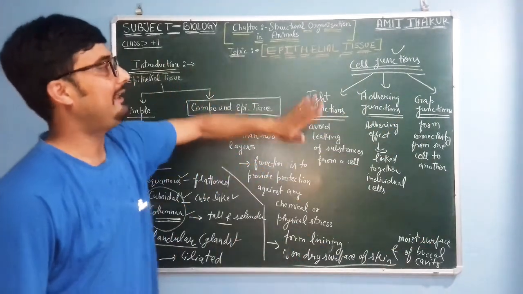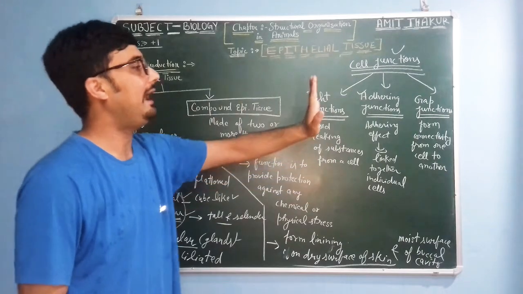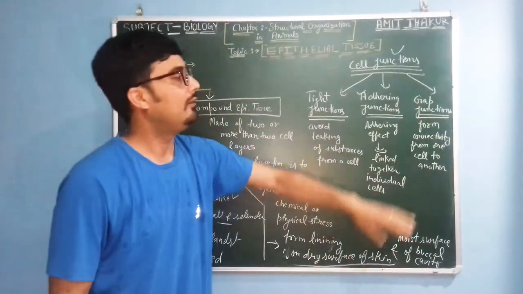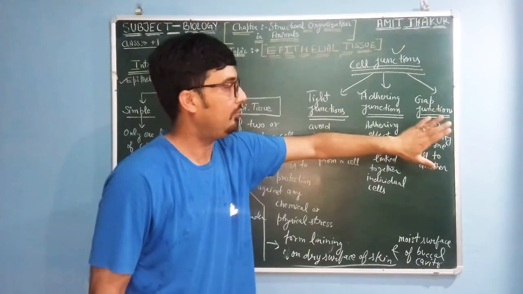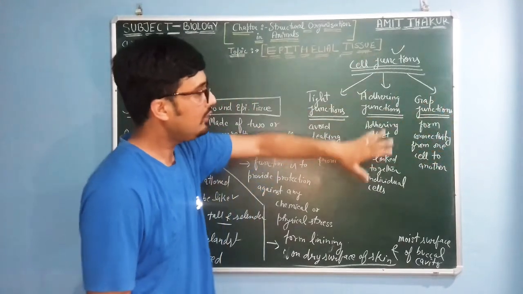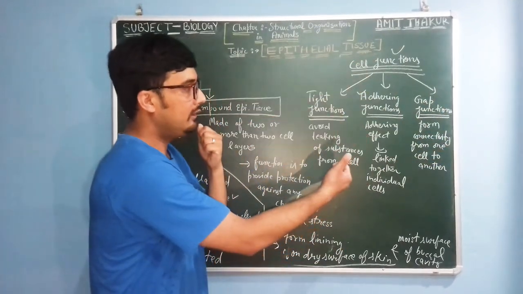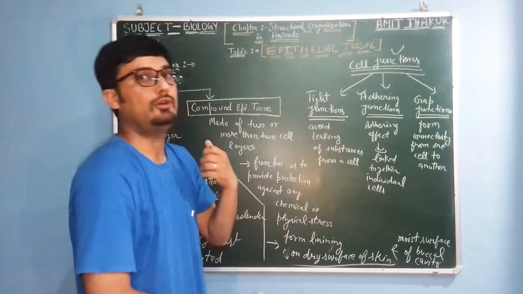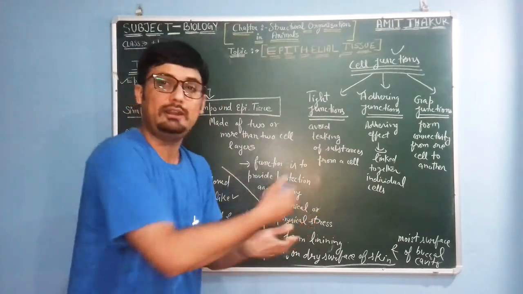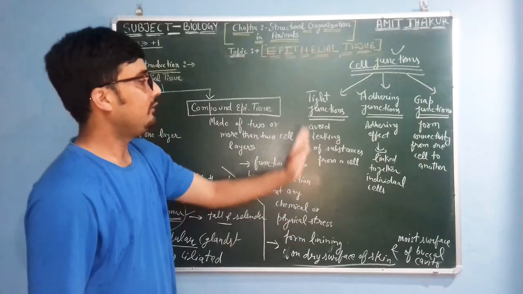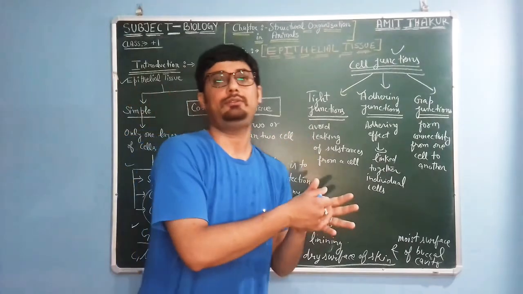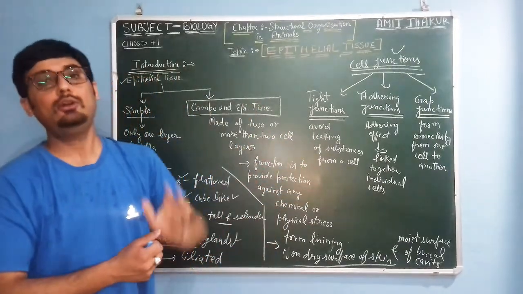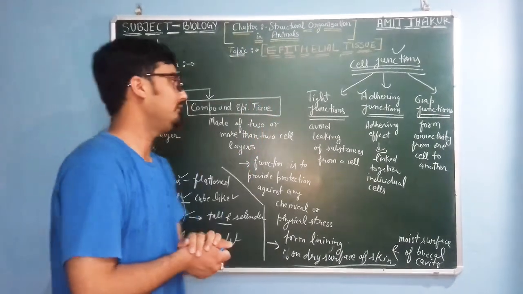So these cell junctions, tight junctions, adhering junctions, gap junctions, are for transport of substances from one cell to another, to link together two individual cells or a cluster of cells with one another, and to avoid leaking of substances from a cell or across the cell.